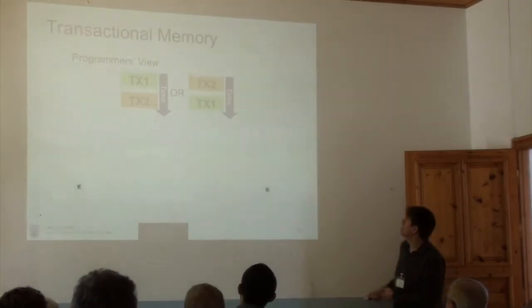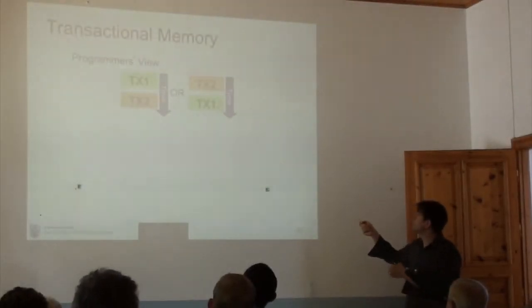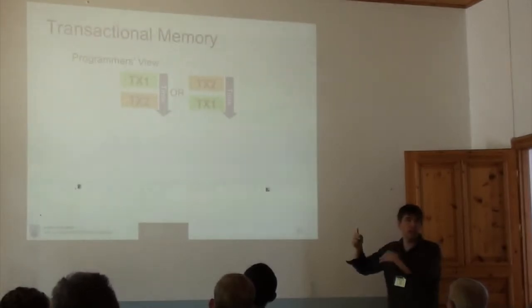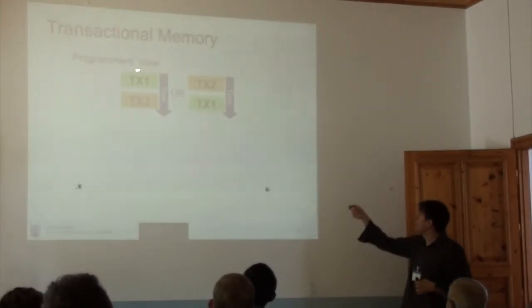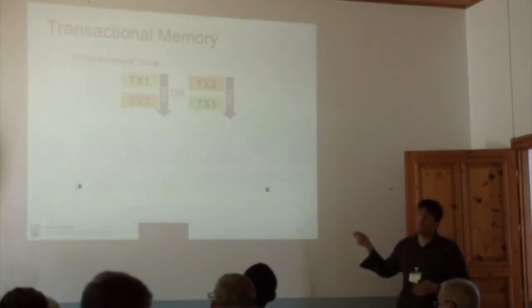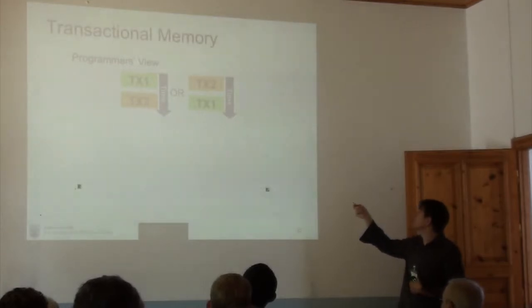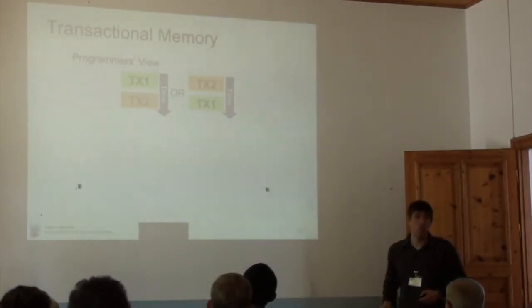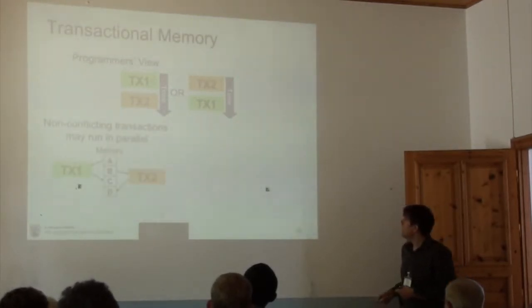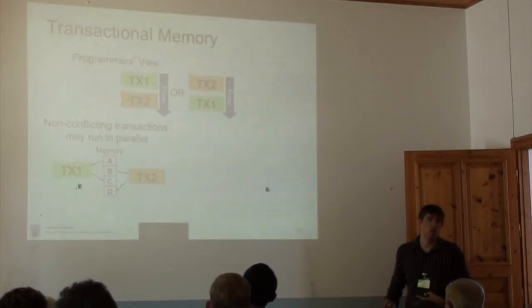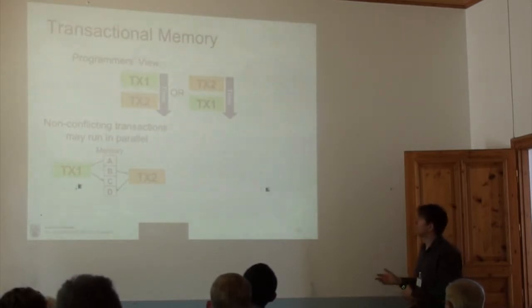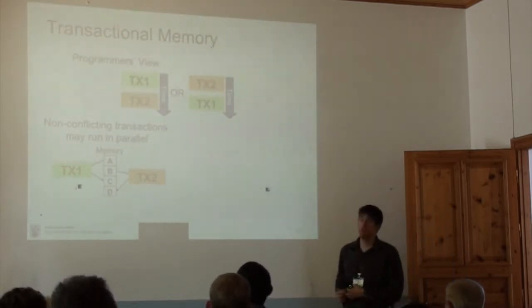The programmer's view is that if I have two transactions, two of these atomic blocks, either transaction 1 executes before transaction 2, or transaction 2 executes before transaction 1. Of course, if that's how you actually ran it, it'd be horribly slow. So in fact, what the system tries to do is run these transactions in parallel.